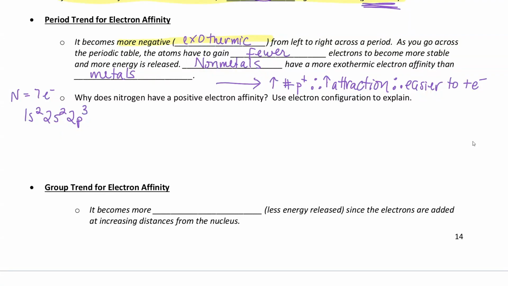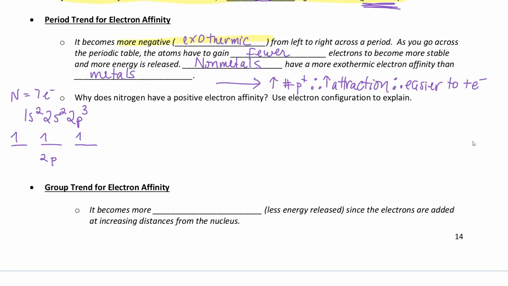Let's check out this 2p3. 2p. How are we going to place these electrons? One in each orbital, right? 1, 2, 3. Okay. Same spin.